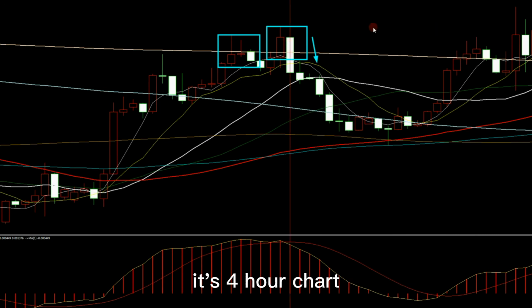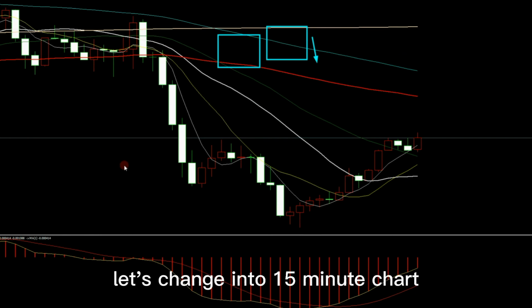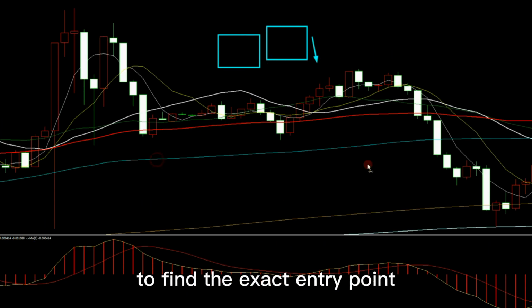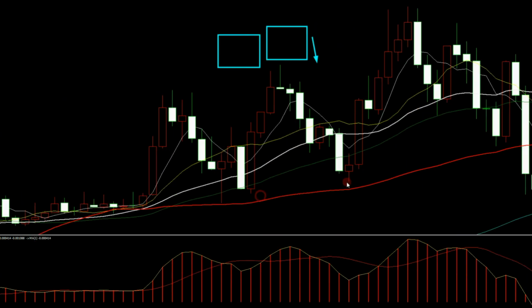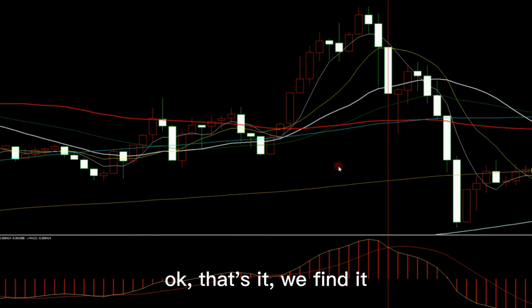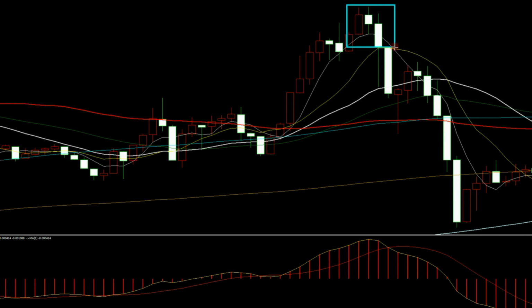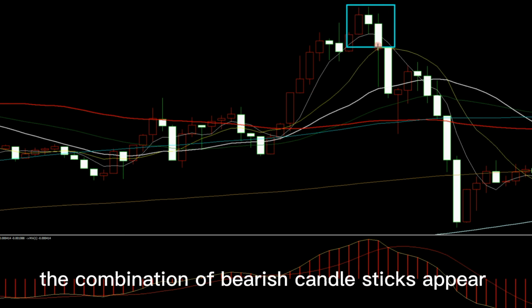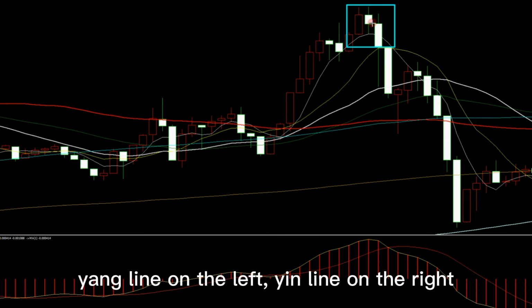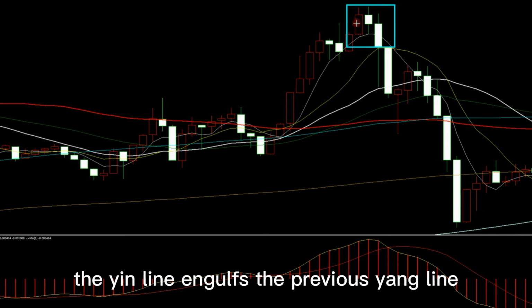This is the 4-hour chart. Let's change into the 15-minute chart to find an exact entry point. Okay, we found it. It's the 15-minute chart. The combination of bearish candlesticks appears: a yang line on the left and a yin line on the right, and the yin line engulfs the previous yang line.